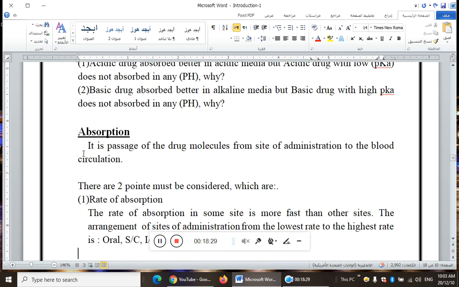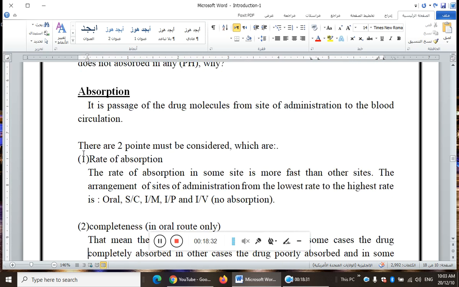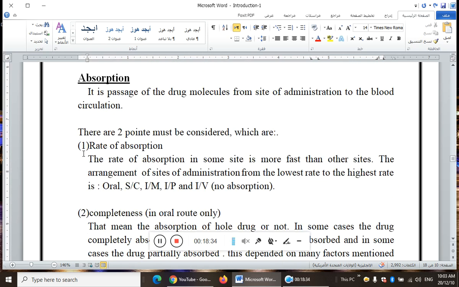As we said, the absorption is the passage of the drug molecule from the site of administration to the blood circulation. And there are two points that must be considered. First, rate of absorption. The rate of absorption in some sites is faster than other sites.